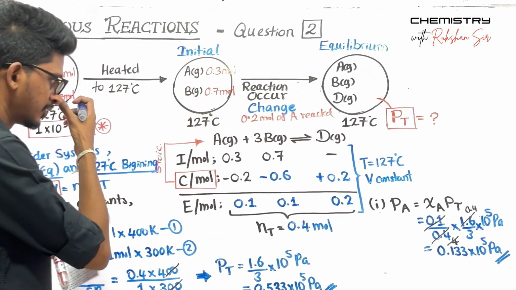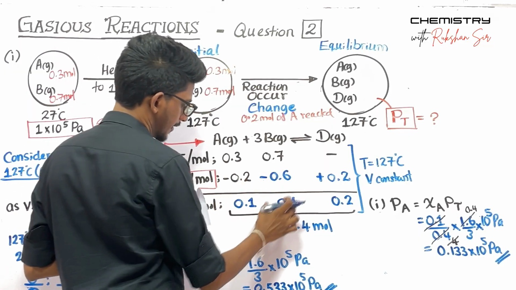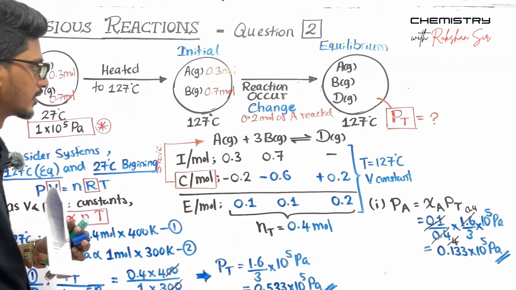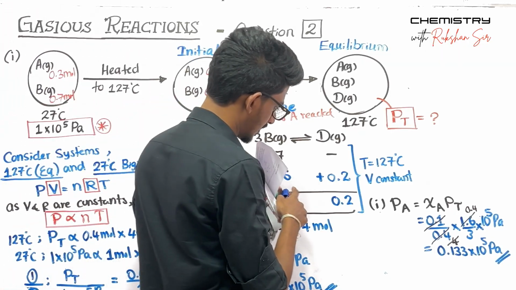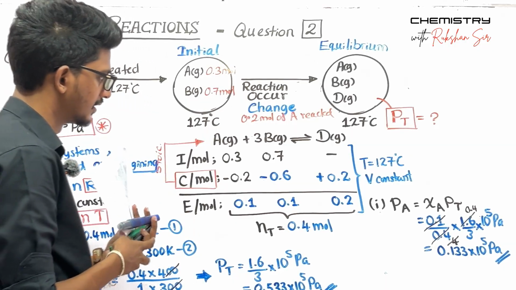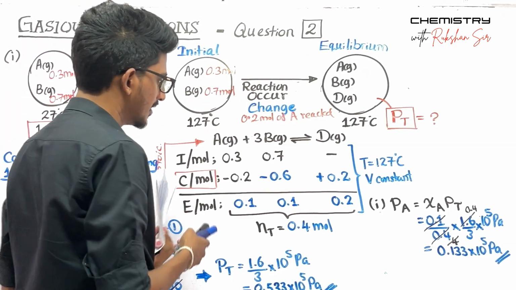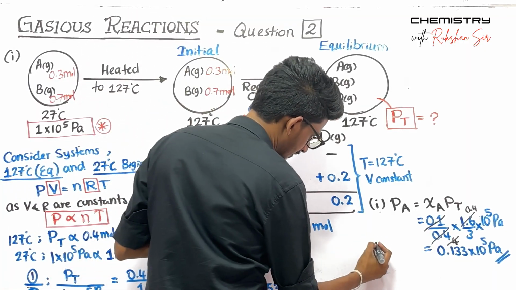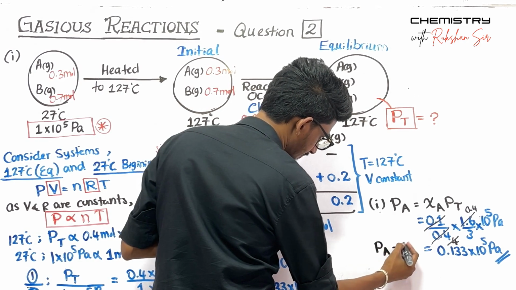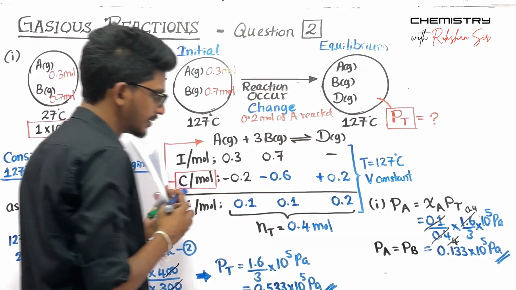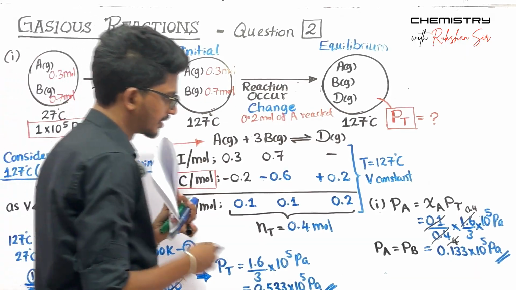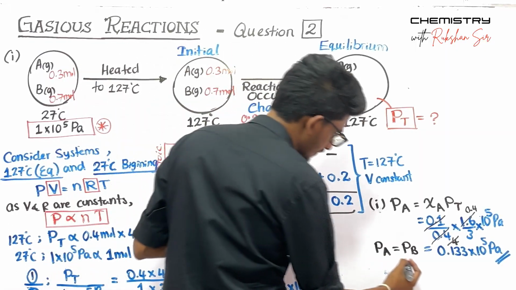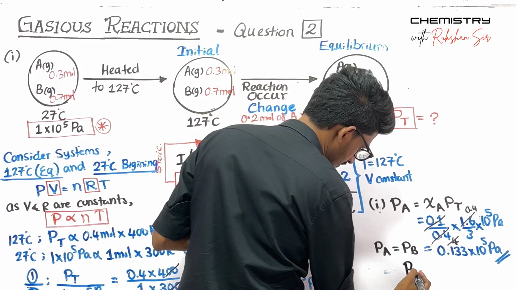So the partial pressure of B is also equal to the same value because the same numbers apply. So the partial pressure of A as well as B is the same. If you are referring to the partial pressure of D, you can apply the same equation.